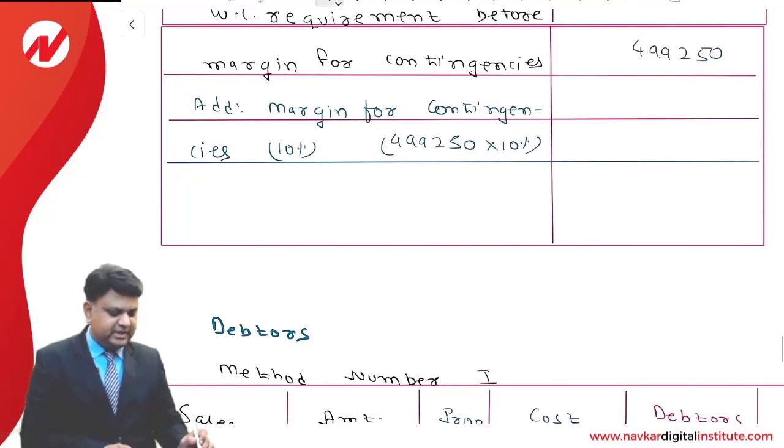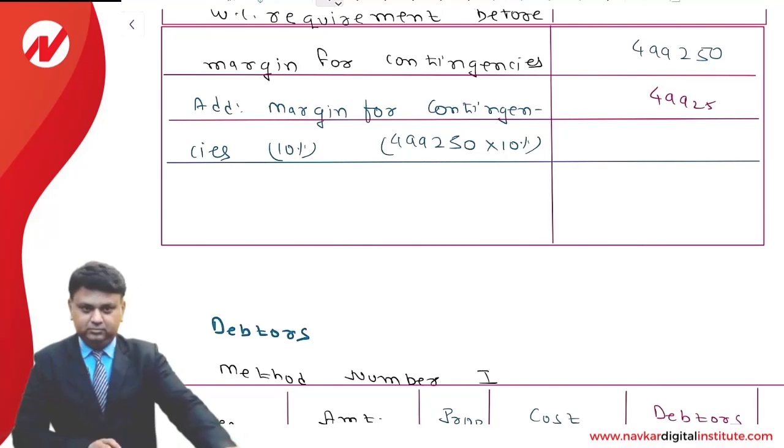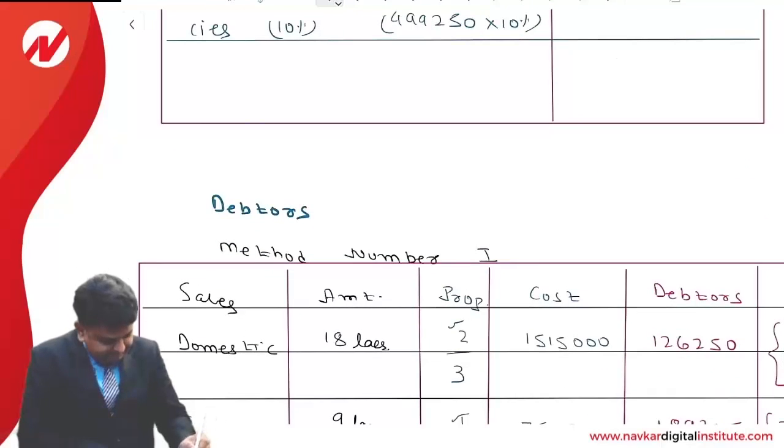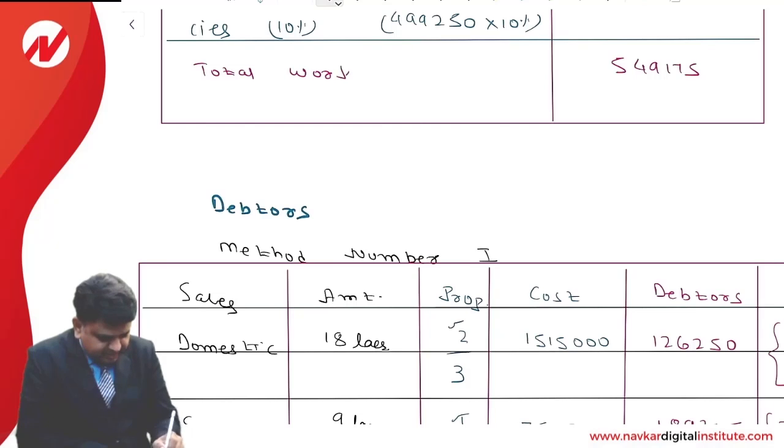So it is 49,925. So the amount of the working capital would be 4,99,250 plus 49,925. That comes to 5,49,175. This is the total working capital requirement.